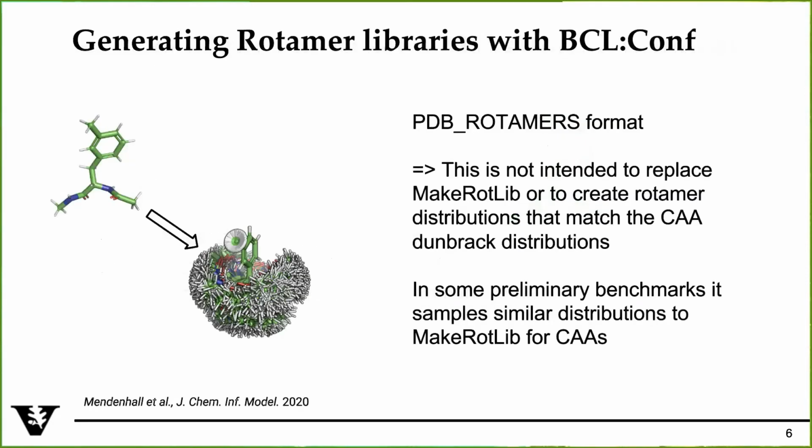So our current protocol generates rotamer libraries with BCL conformer generation, and you have learned this wonderful software that Jeff and Sandy wrote. If we treat the non-natural amino acid as a small molecule, then we can use this application to rapidly sample and generate a set of conformers for the non-natural amino acids.